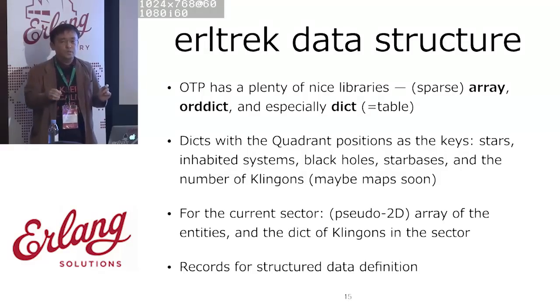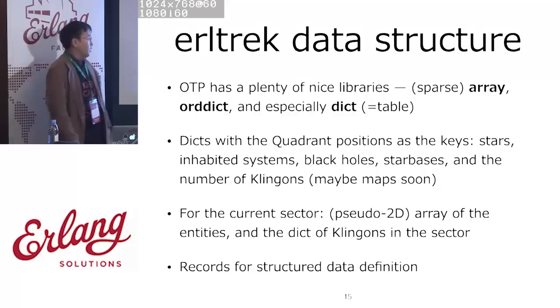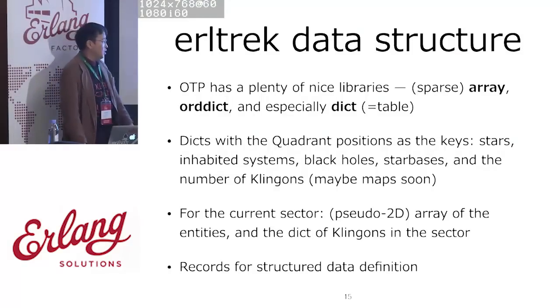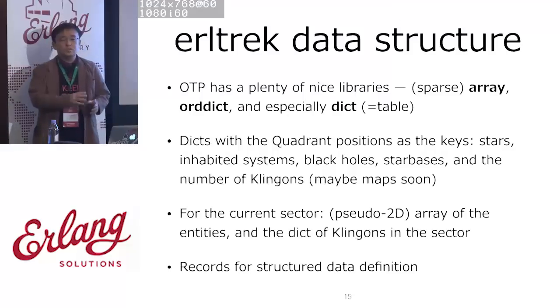It's simple, and it doesn't take much to compute. But anyway, I implemented it as an array of the entities, and I also made a dict of Klingon data in the sector. For the current implementation, it only has how much power the Klingon has remaining. But you can put many other pieces of information in the form of a tuple or whatever.